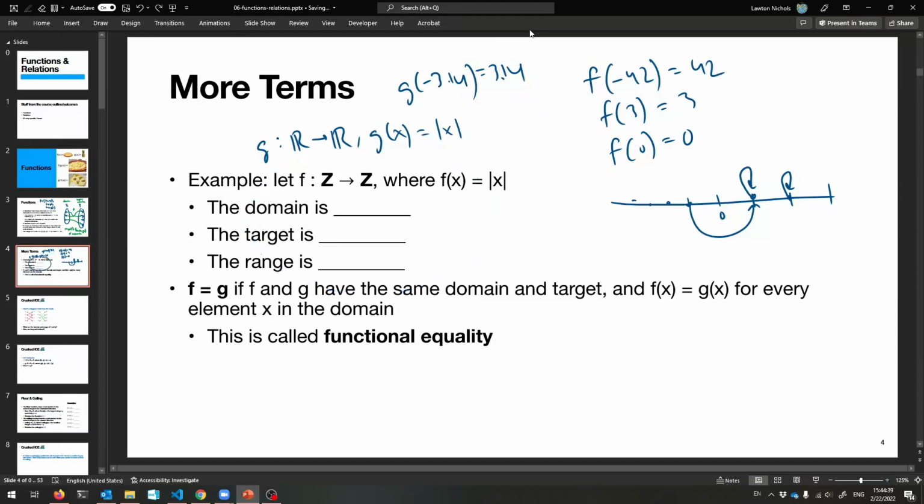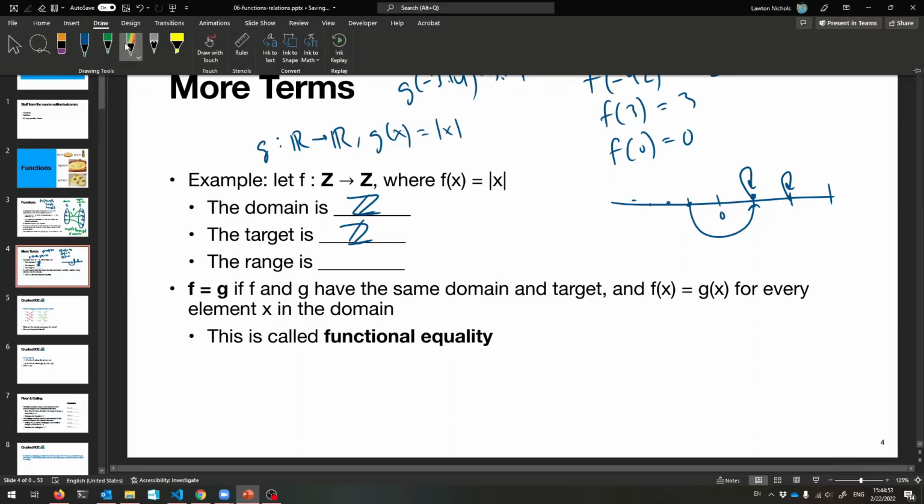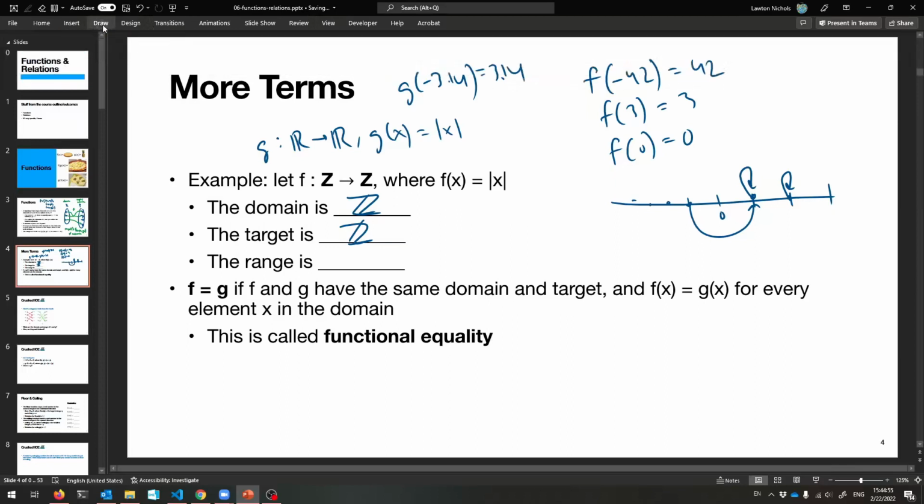What's the domain? Integers, right? What's the target? Also integers. And then the range. What is the range? Notice that the only places that are ever being hit by the function, the only places that things are being taken to, are 0 and everybody over here. You see that?